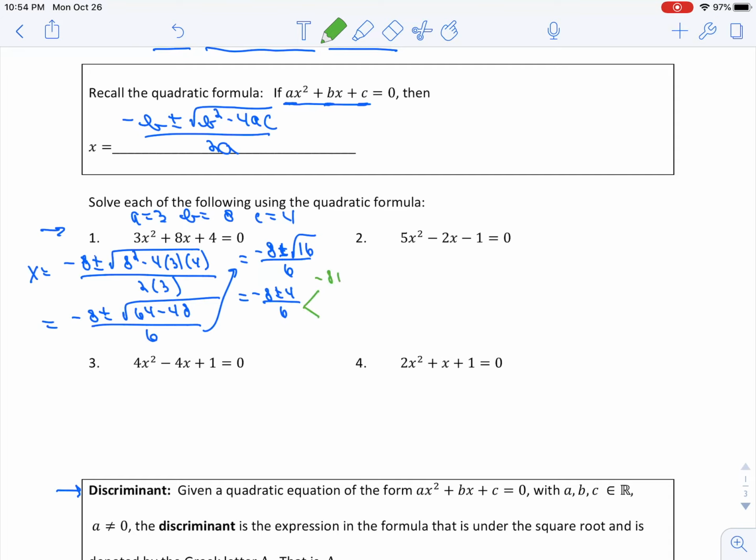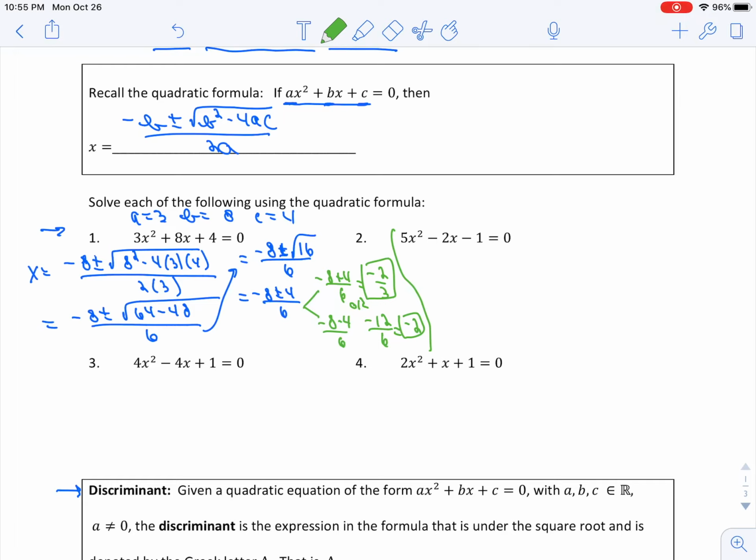So we have the negative 8 plus 4 over 6, and we have the negative 8 minus 4 over 6. So this one turns out to be negative 4 over 6, which is negative 2/3. Or the other solution is negative 8 minus 4 is negative 12, divided by 6, which is negative 2. So notice that there are two, what we would call distinct solutions for that one.